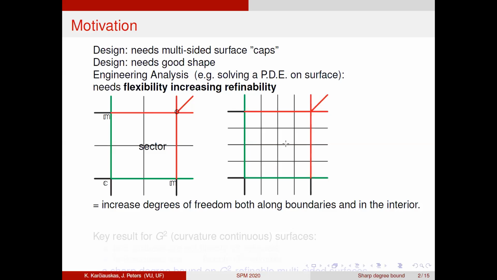And since we don't know where these new degrees of freedom will be needed, we will want to have an increase of freedoms both in the interior and along the boundaries, whereby the green boundaries are the ones to the outside regular, and the red boundaries connect again to the central point that is marked as an O for origin up here, which is the central point of the cap. So this is, we say, flexibility increasing because we actually need these extra degrees of freedom.